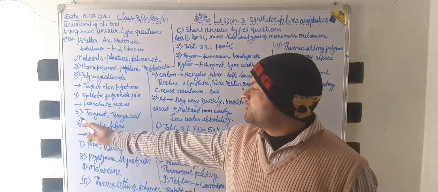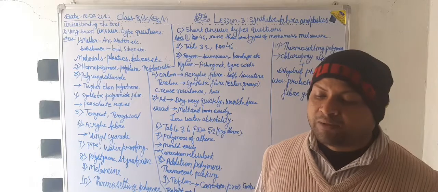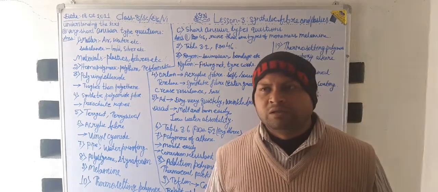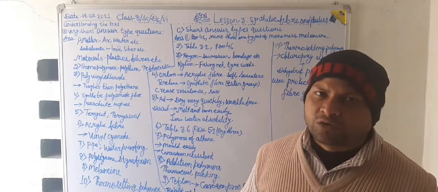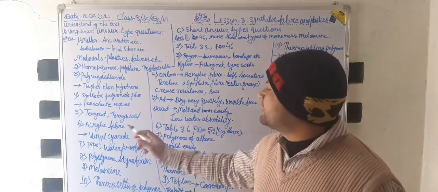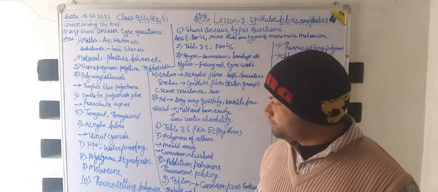Now question number 5. Give the names of blended fibers of terylene with cotton and wool. When terylene is blended with cotton, it is called terry-cot, and when it is blended with wool, it is called terry-wool. So I have written all these things here.